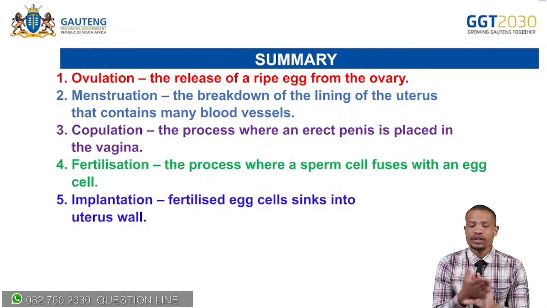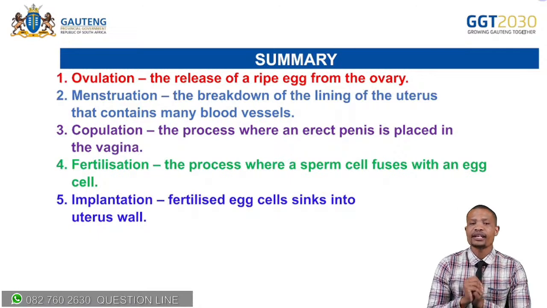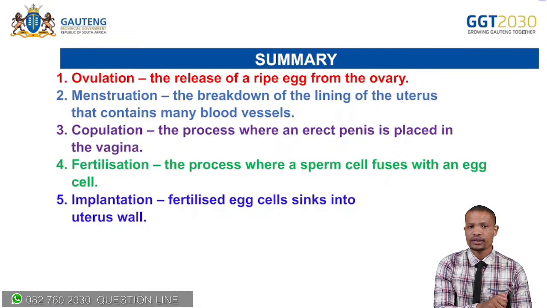Okay, so during ovulation we have a ripe egg being released from one of the ovaries, right? And it's being released to where? It's being released into the oviduct or the fallopian tubes. Fallopian tubes and oviducts are one and the same thing, so those terms are used interchangeably. Menstruation is the breakdown of the lining of the uterus walls, which contains many blood vessels.